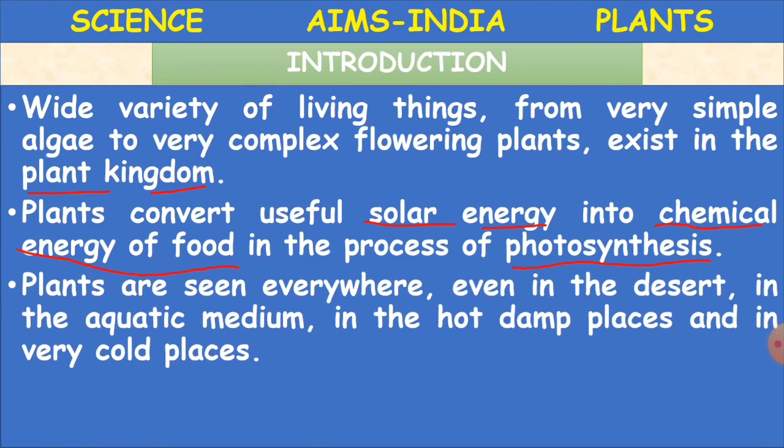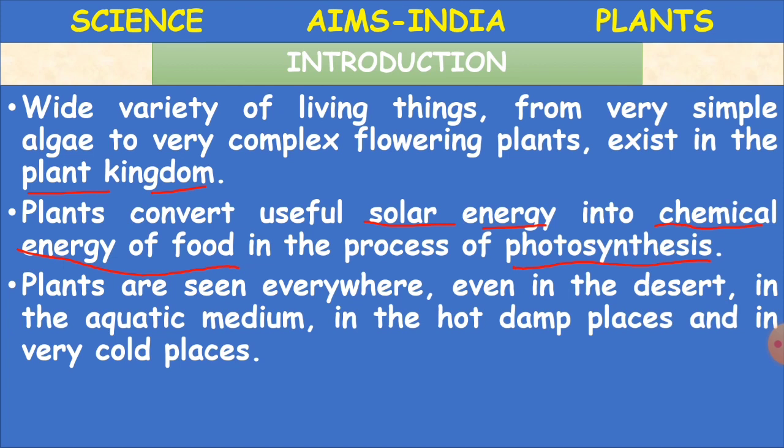Plants are seen everywhere, even in the desert, in the aquatic medium, in hot damp places, and in very cold places. We have different types of landforms on our planet Earth, like plains, deserts, hilly areas and coastal areas.